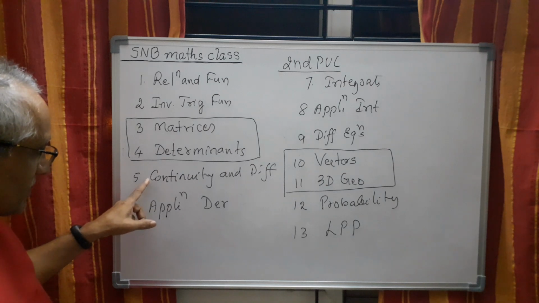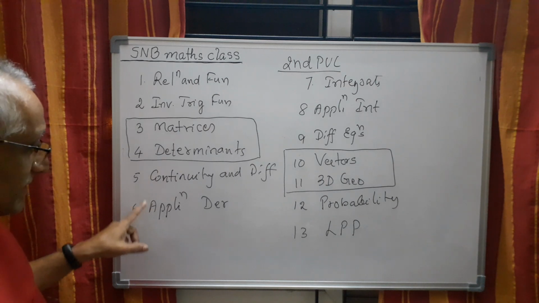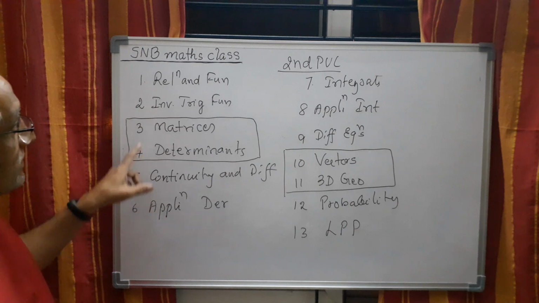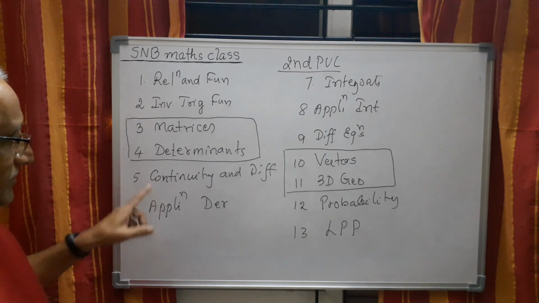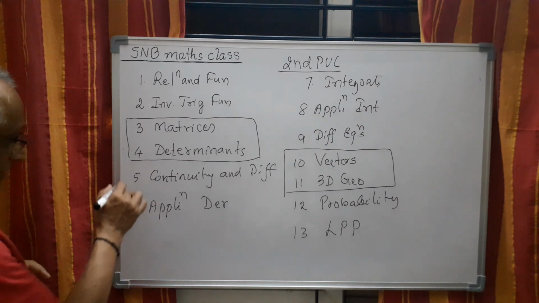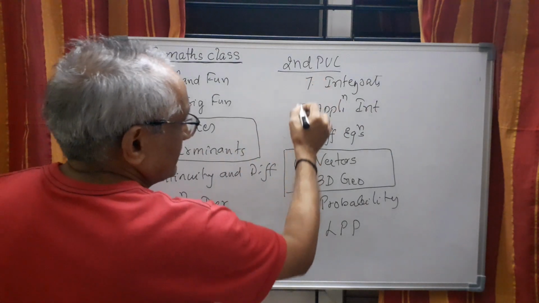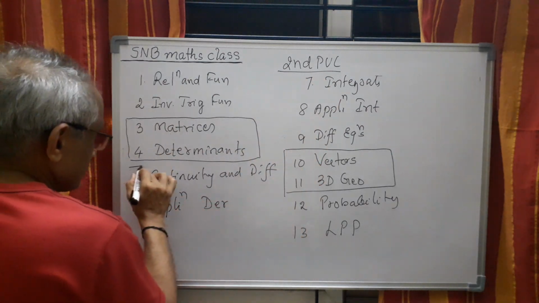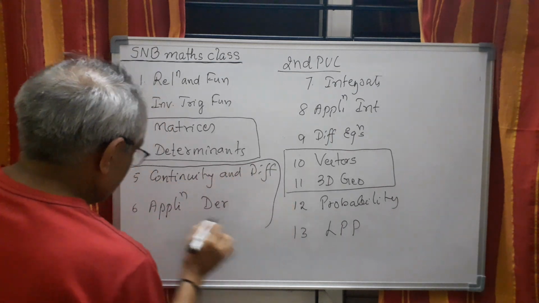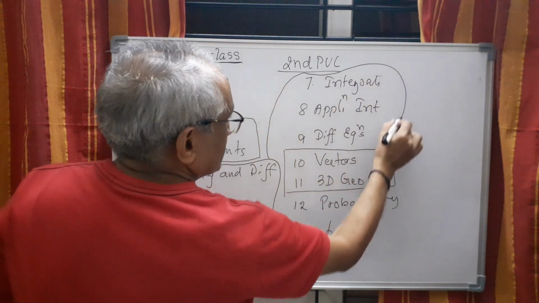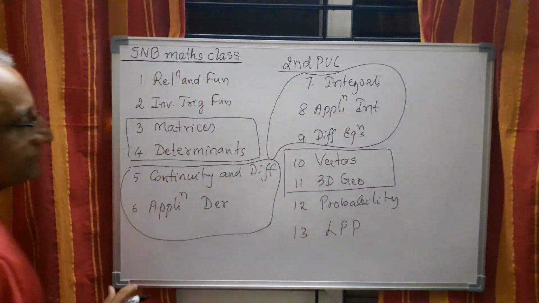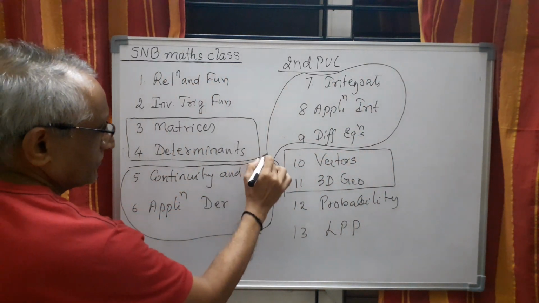And coming to continuity and application of derivatives, especially for continuity, the proper understanding of function is necessary. Similarly, when you take these five chapters, 5, 6, 7, 8, 9, you should study them together. They are actually one unit.